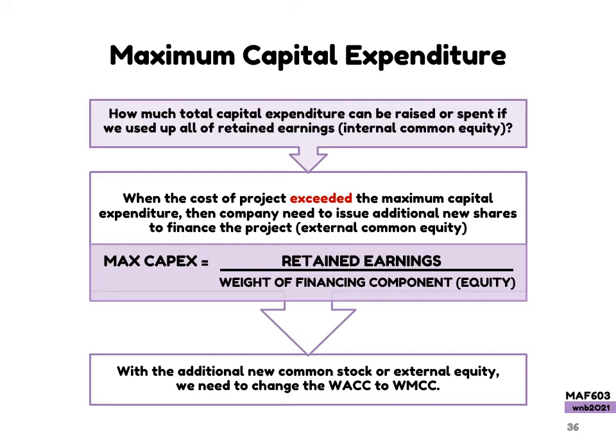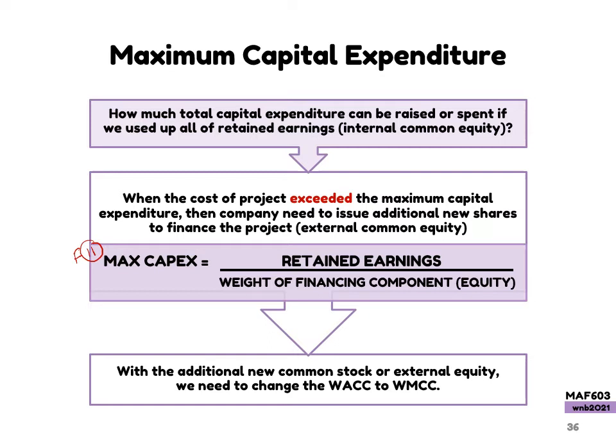So cara untuk tentukan is kita perlu untuk cari dulu the maximum capital expenditure, max capex ni. So this one should be formula number 11 kalau I tak silap for this chapter. Okay, maximum capex equals retained earnings divided by weight of financing component that belong to equity.